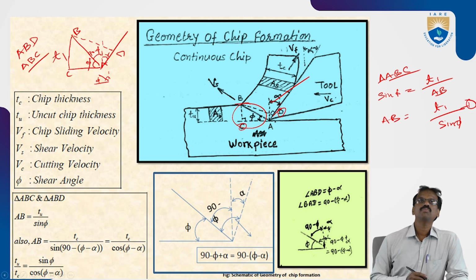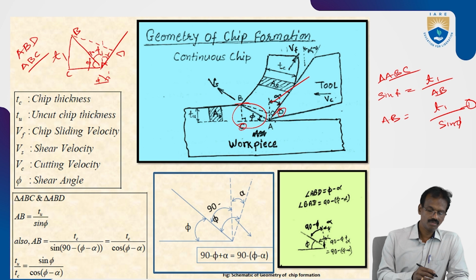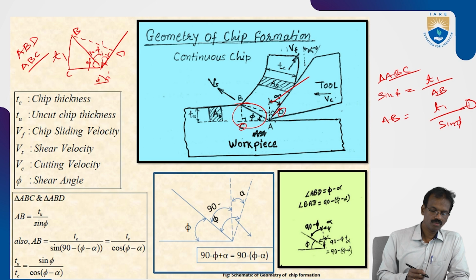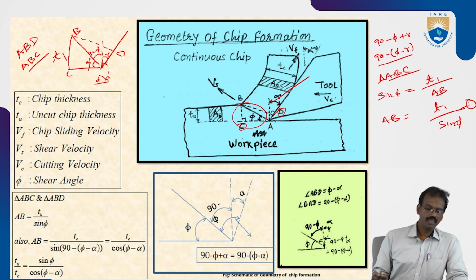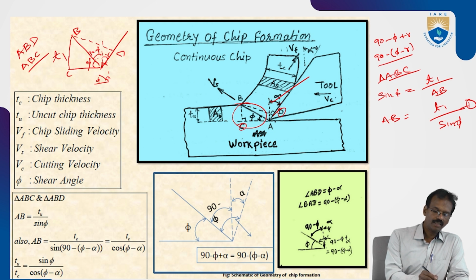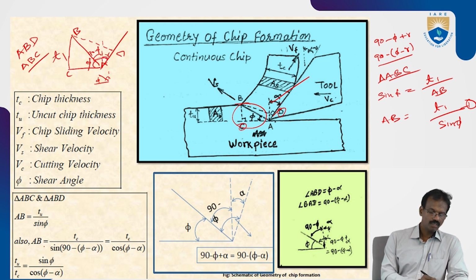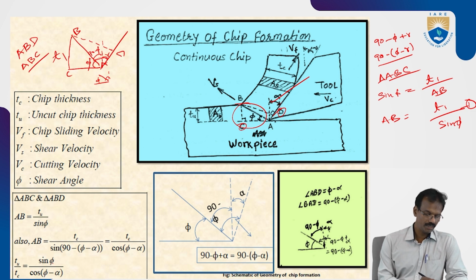Next, by using the other triangle, that is ABD, the total angle is 90 minus phi plus gamma. You can write it like this: 90 minus, phi minus gamma. This is the complete angle of this triangle. By using this, you can directly apply the sine rule.